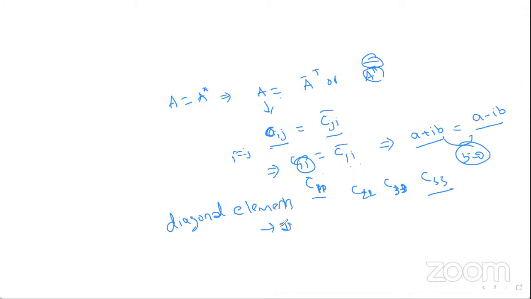If this condition is not satisfied, then that particular matrix is not Hermitian. Along with this, for the other elements, Cij should be equal to Cji conjugate.